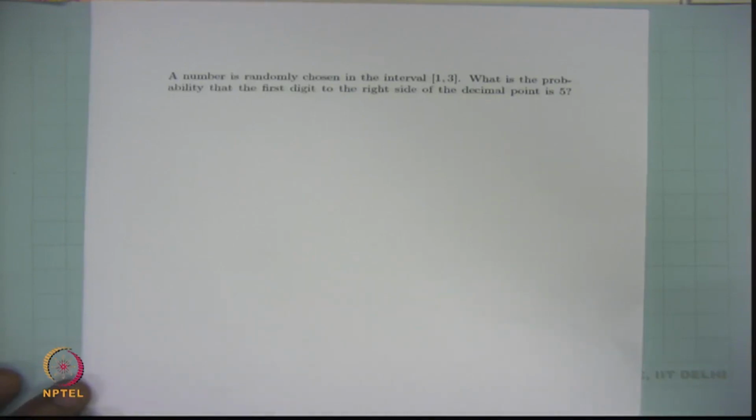Whenever we use the words a number is randomly chosen, that means it is a real number. The real number is randomly chosen, for example in the interval 0 to 1, that is basically a random number generation.